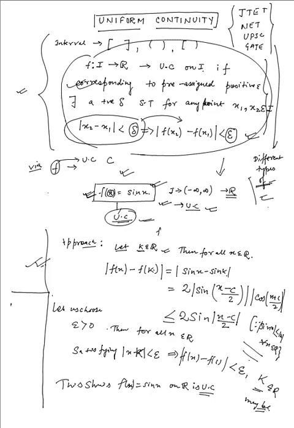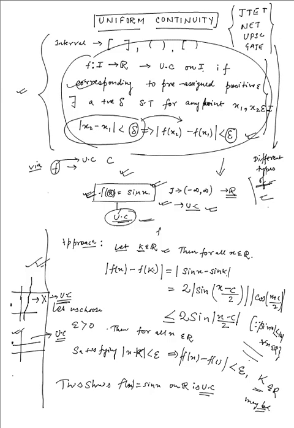Remember, if the function is fluctuating about the y-axis, then the function is not UC. Remember always. Second, if the function is parallel to the x-axis, then you can claim the function is uniformly continuous. This is a very brutal and a very fantastic result.